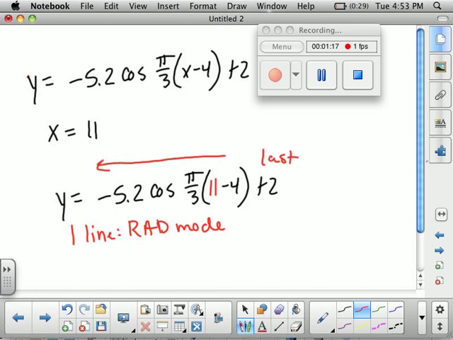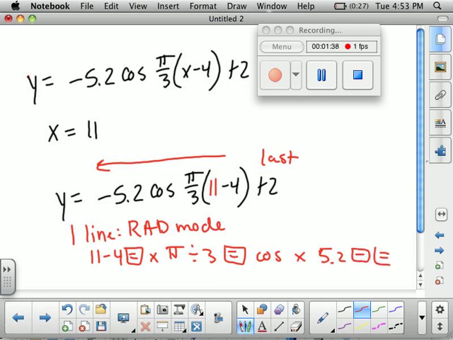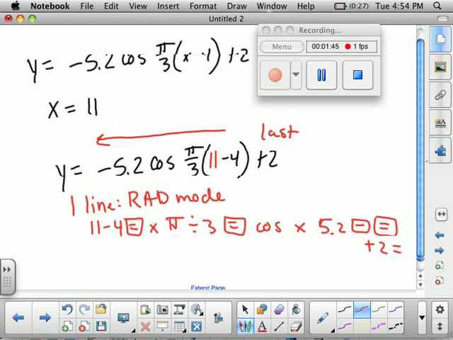So the keystrokes would be 11 minus 4 equals, and then times pi divided by 3 equals. Then you would hit the cosine button, and then you would times by 5.2 negative, and then equals, and then plus 2, and then equals. And that's going to generate the solution you're looking for.